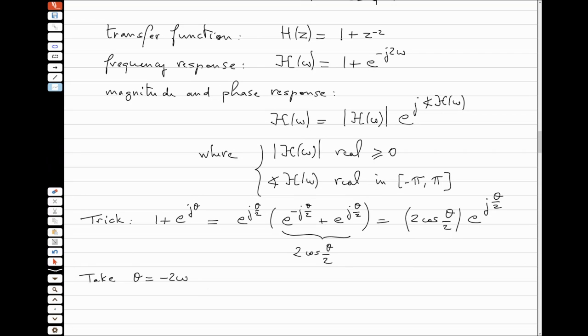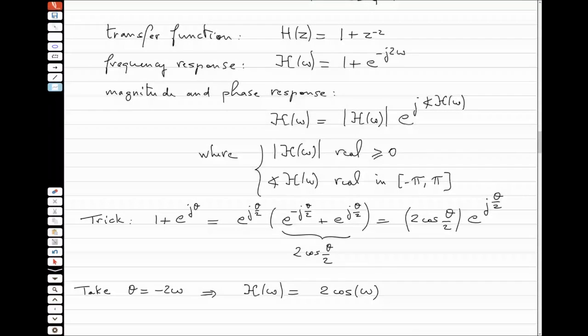So by doing so, h of omega is equal to this. Is going to give you 2 cosine of minus 2 omega divided by 2, which is minus omega, but it's also omega because cosine is even.